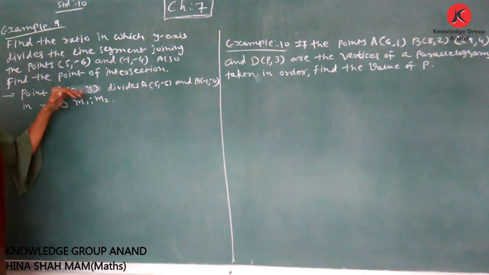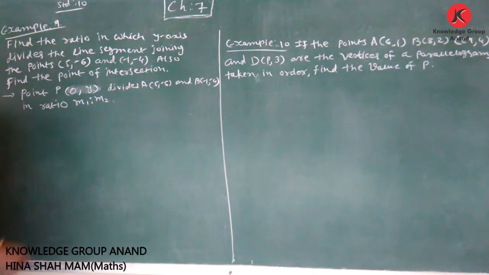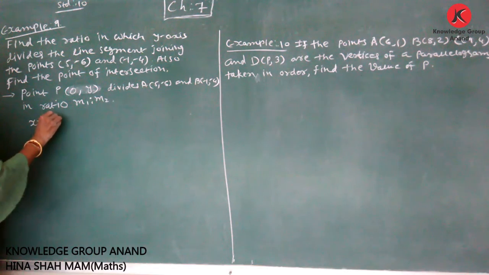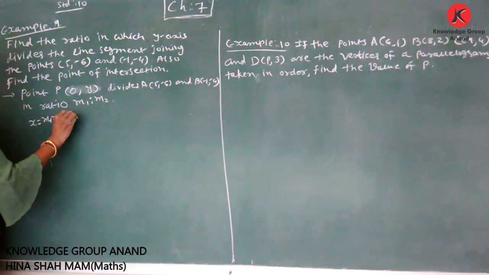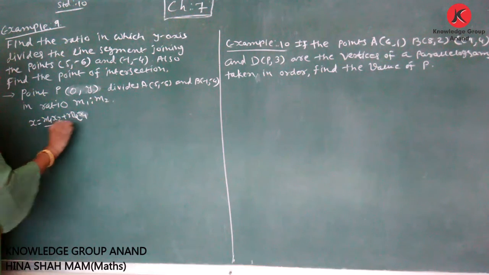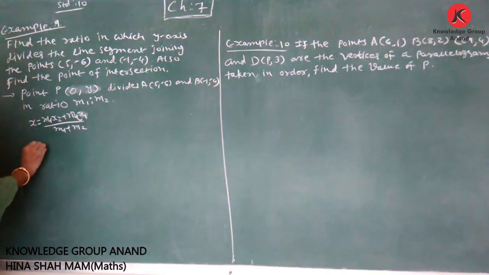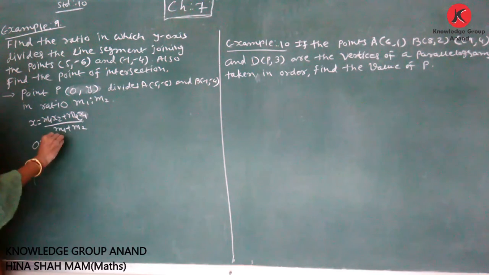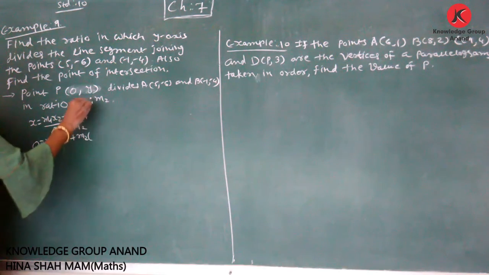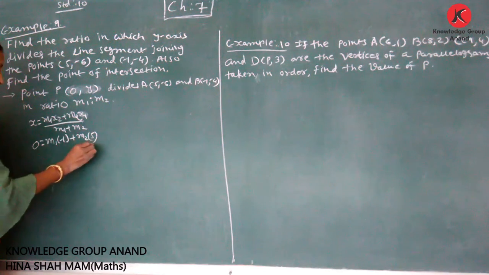Using the section formula. We know the x coordinate is equal to 0. Then using the section formula, x is equal to (m1 x2 plus m2 x1) upon (m1 plus m2). Here x is equal to 0, x2 is equal to -1, and x1 is equal to 5.